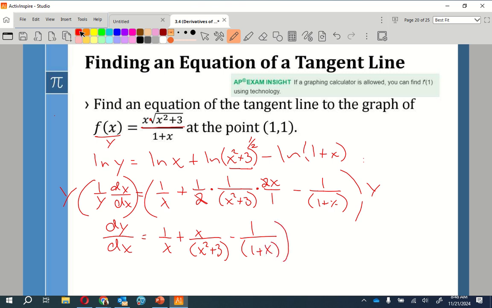All this is going to be times my y. And in this case, my y is going to be all of that. That 3, it's a 3, my pen kind of messed up there. There you go. Okay.